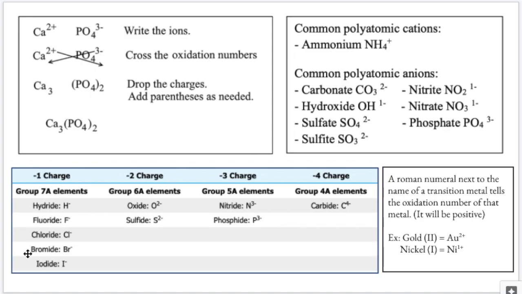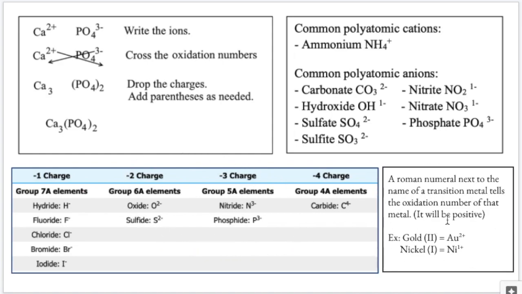I also put down here the common singular atom names. If we have oxygen, it would be oxide, nitrogen would be nitride. Those were terms that we used for previous ionic bonding and naming.